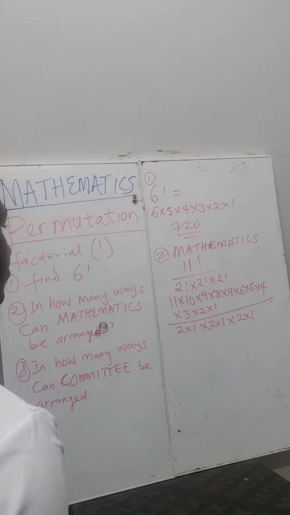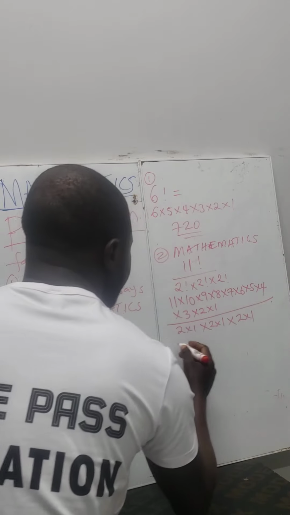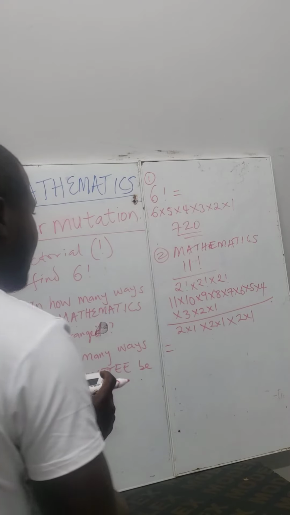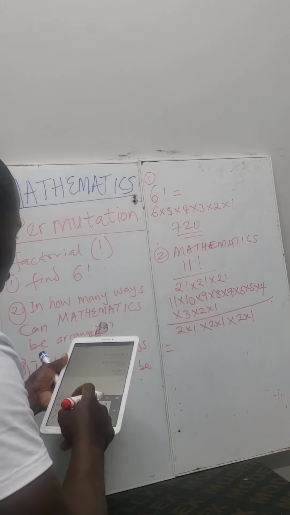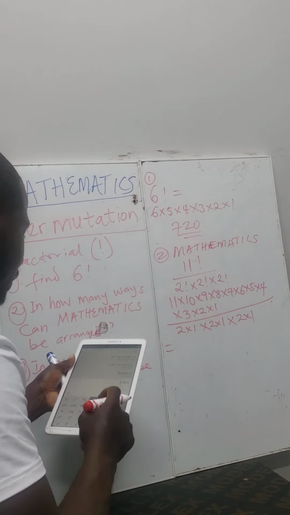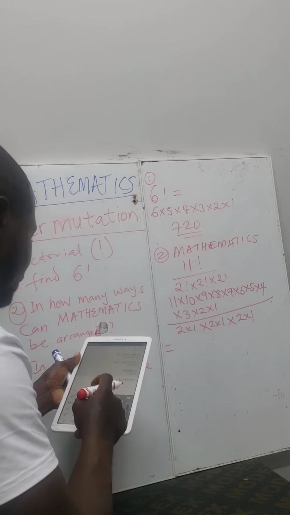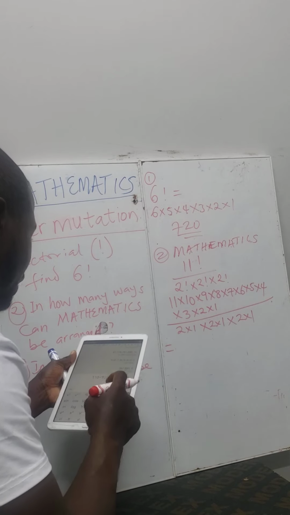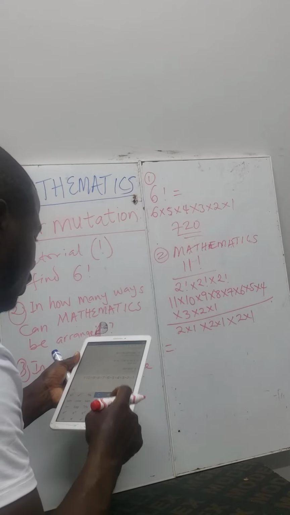Do you understand the logic now? So let us first of all deal with the numerator before the denominator. 11 times 10 is 110. 110 times 9 times 8 times 7 times 6 times 5 times 4 times 3 times 2 times 1.